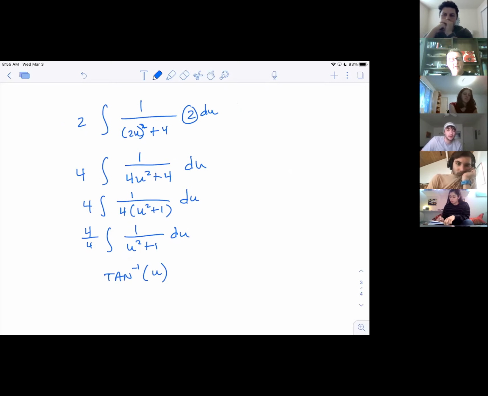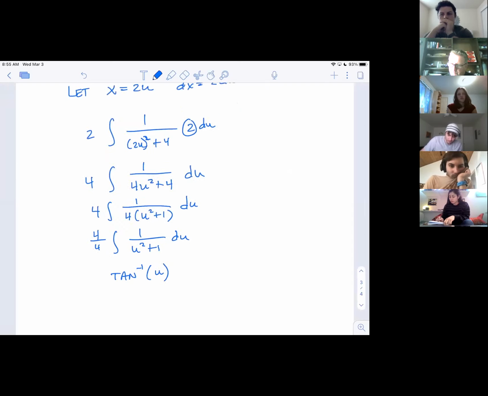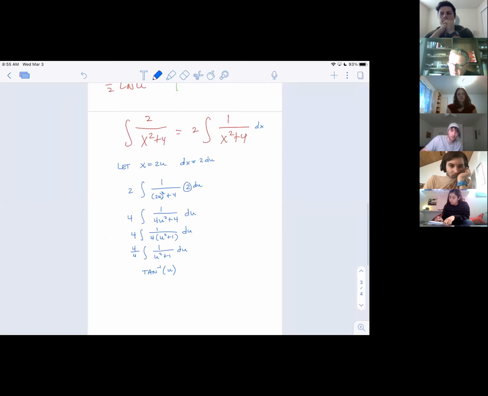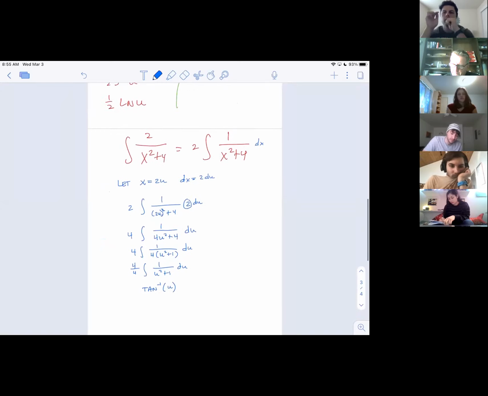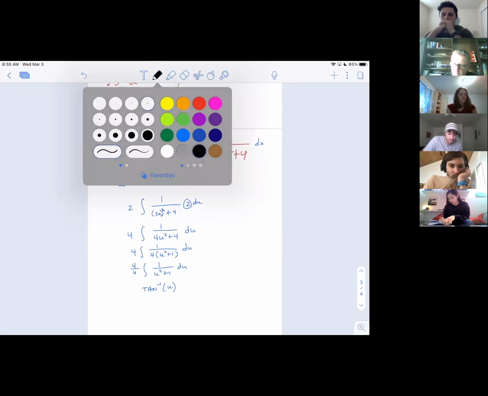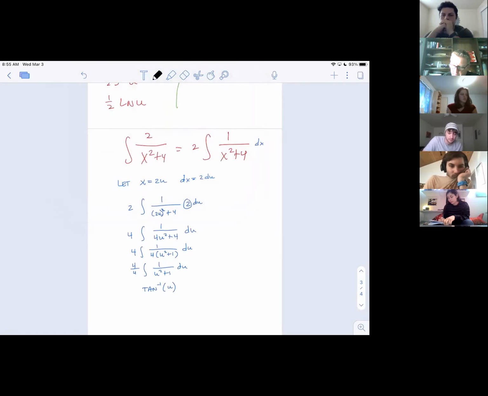I think Eve found us a way out of this mess with a very creative substitution. So in total, if I go back to the beginning, I would say 1/2 natural log of u.